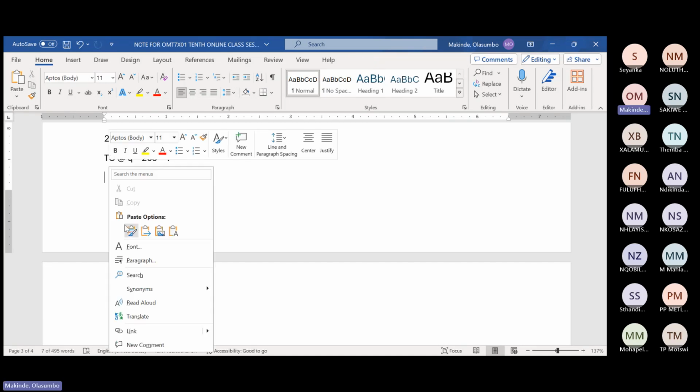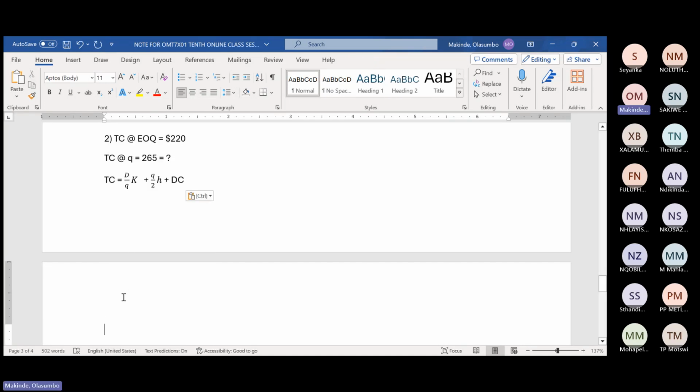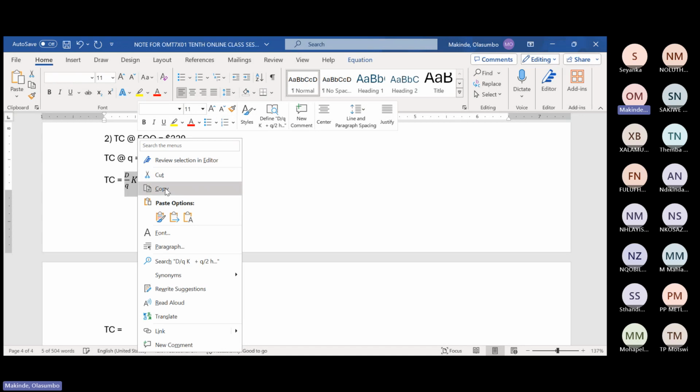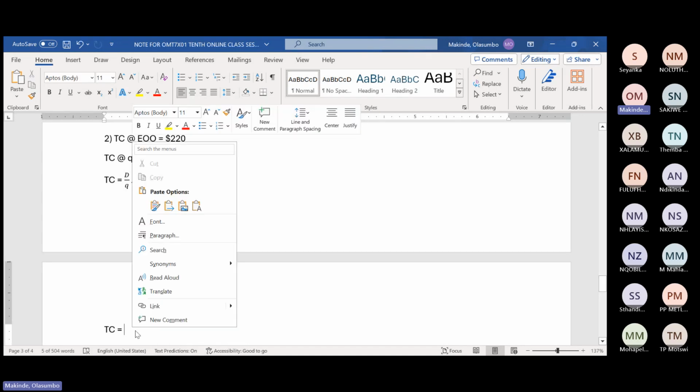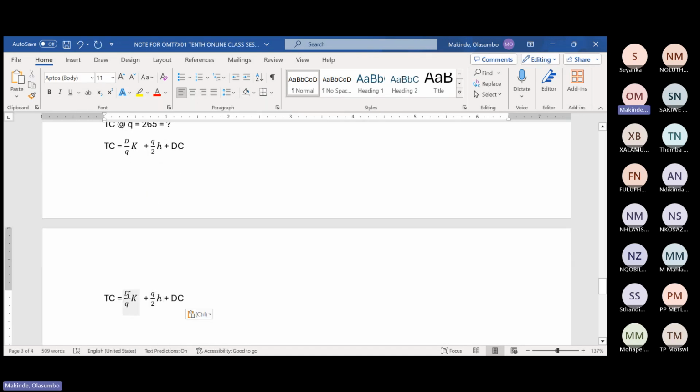So I take this and place it down, and I'm looking for TC equal to, 500 divided by Q, which in this context is now 265, times K. K, as we have seen in the question, is 5.